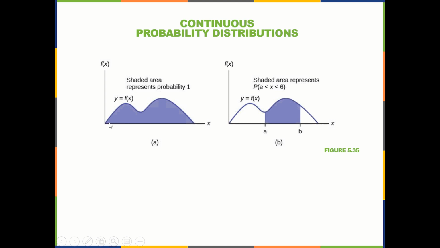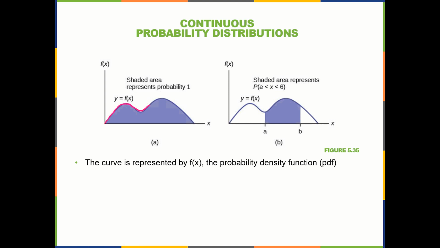Or you could plug in a horizontal location and find a corresponding vertical location. So that is the curve we represent with f of x, meaning the probability of x in theory.